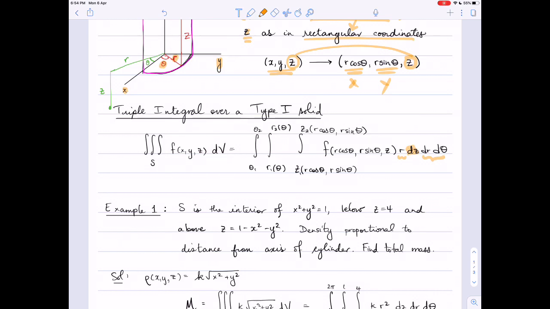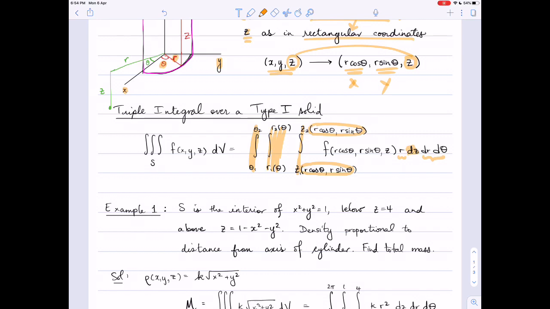So you have your outside integral in terms of theta, your middle integral in terms of the radius, and then your inner integral in terms of z, with the z function bounds converted to polar coordinates.